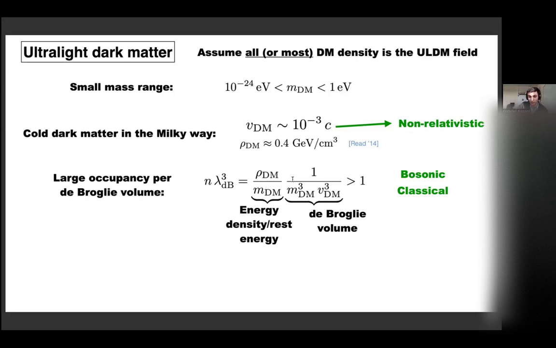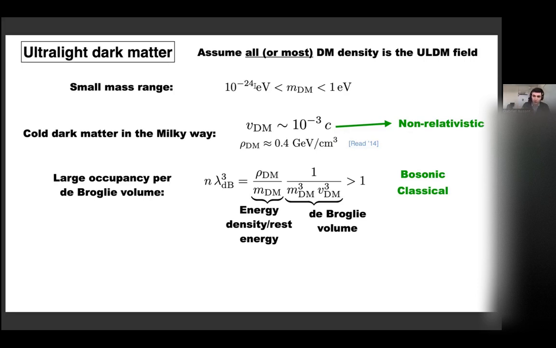I multiply this by the de Broglie volume, which is just 1 over the mass times the velocity, cubed. Because the mass is in such a small range, this is strictly larger than 1, and for very small masses reaches enormous numbers. So essentially there are a lot of the same dark matter scalar particles in a given de Broglie volume.